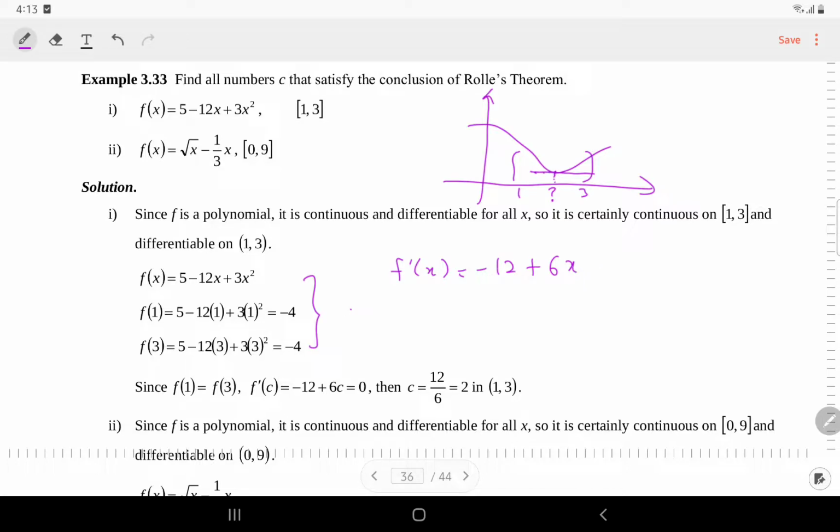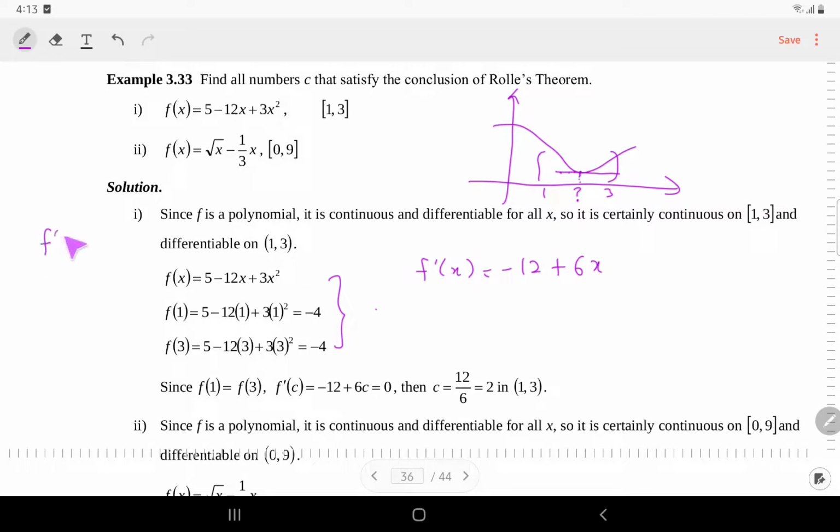But in Rolle's theorem, the theorem is f prime c, so we need to find f prime c. We just have to change variable x into variable c. So our f prime c is negative 12 plus 6c.